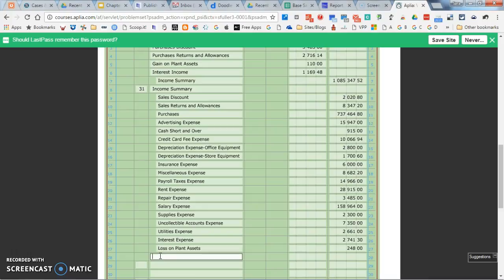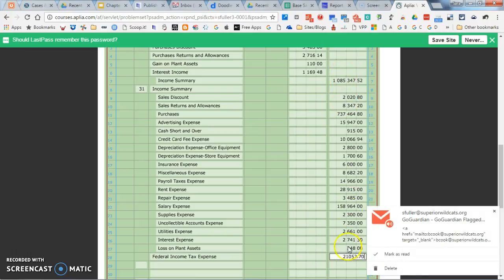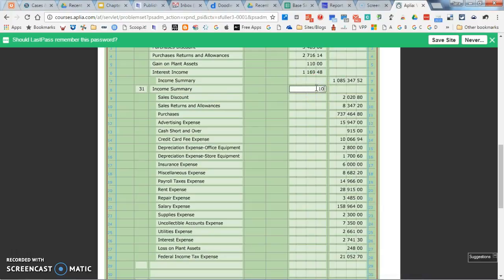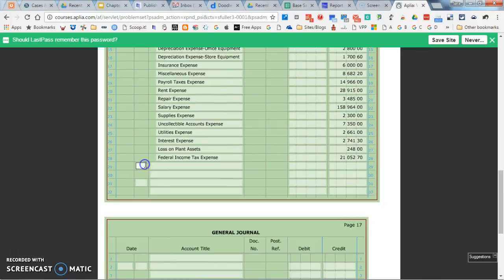And our last one here is federal income tax expense. Credit of $21,052.70. Then we have to add them all up. And back here on line 8 for income summary, we get a total of $1,035,721.69.